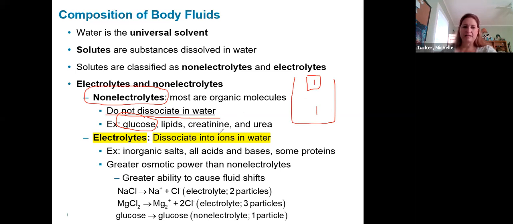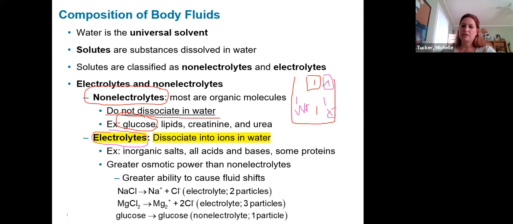If we take an electrolyte, these are substances that dissociate into ions in water. So if we now drop our salt cube and we have 1 millimole of salt, then we would end up with 1 millimole of sodium and 1 millimole of chloride.